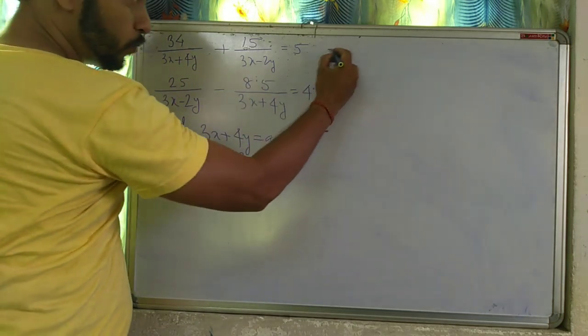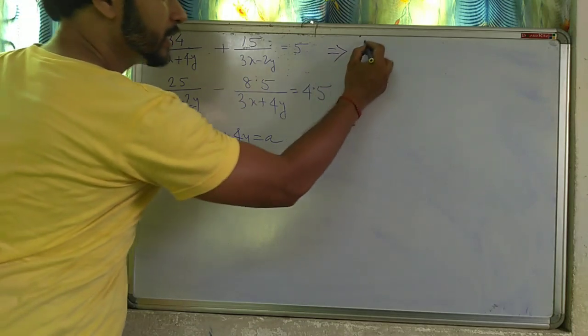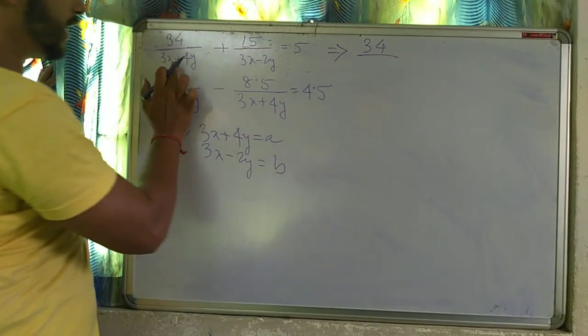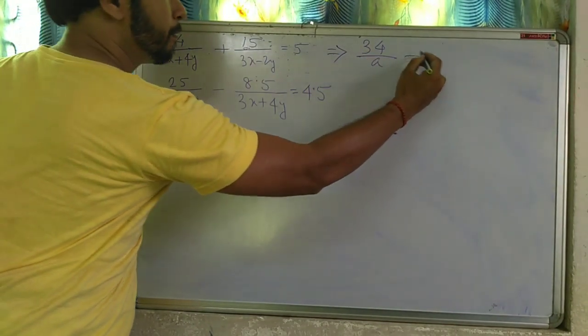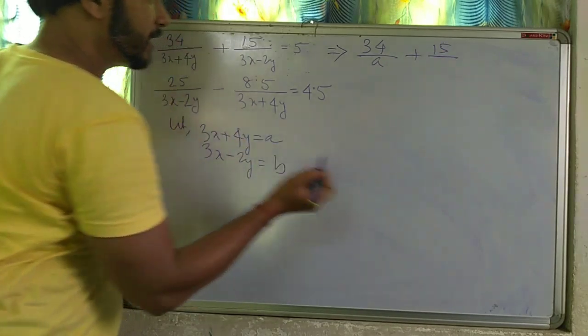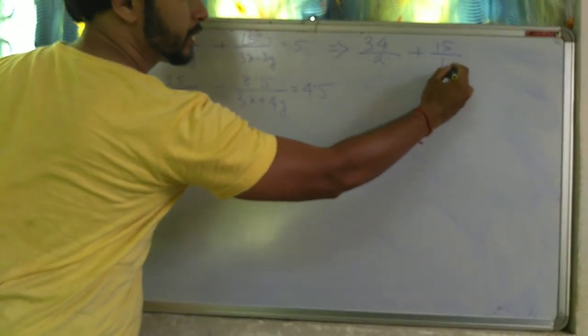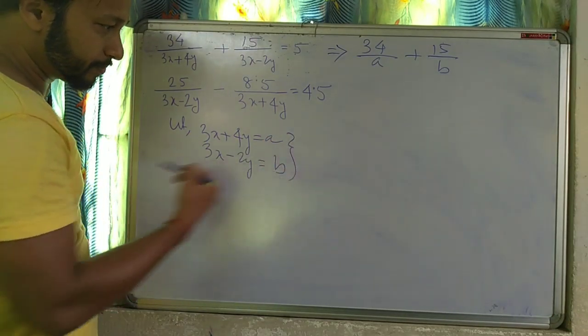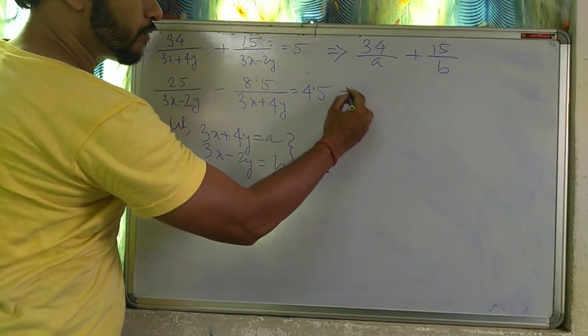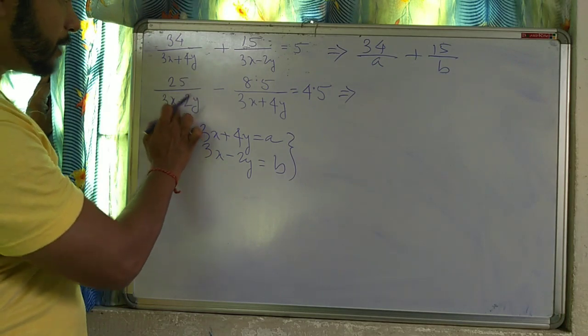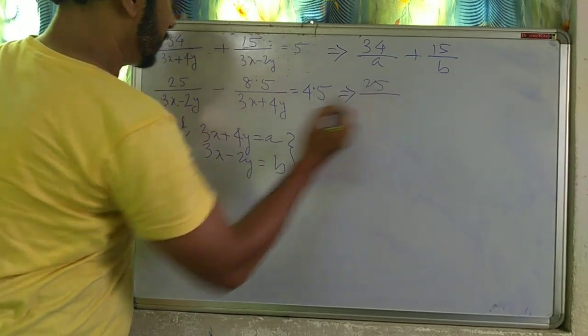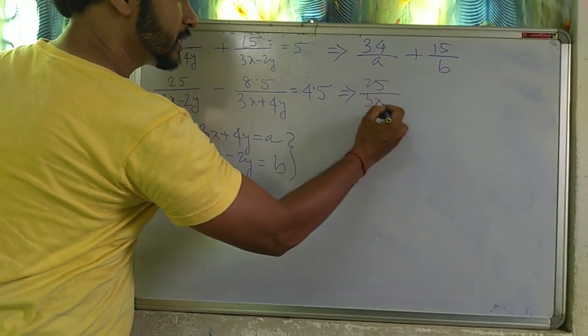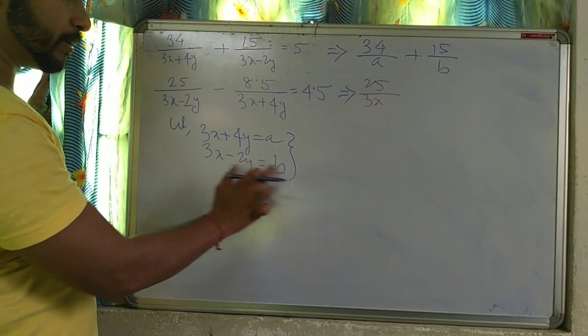So, what are we getting then? 34 by a plus 15 by b. I hope you understood. Just see this. Now, from here, 25 by 3x minus 2y is b.